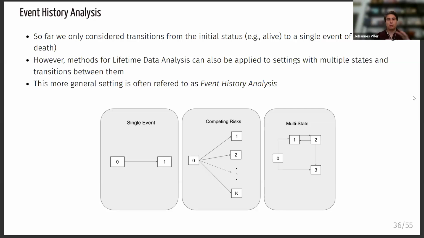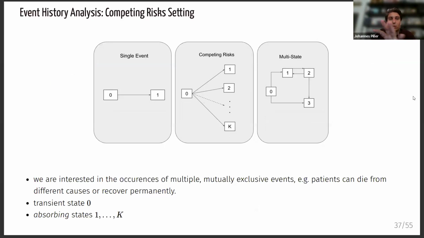So it's somehow a mixture of recurrent events and competing risks. In general, all these settings are called event history analysis. First, we will start with the easier one of these, which is the competing risk setting.